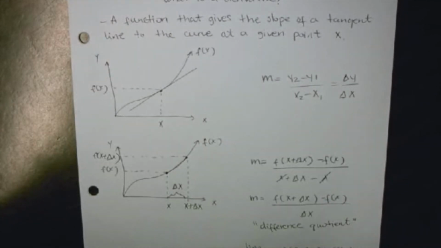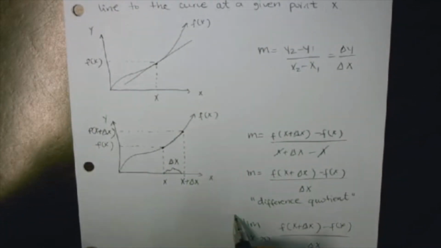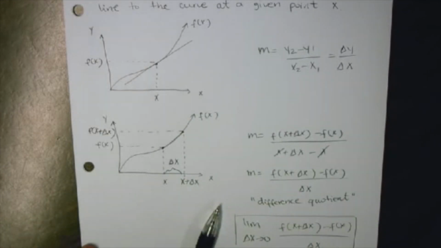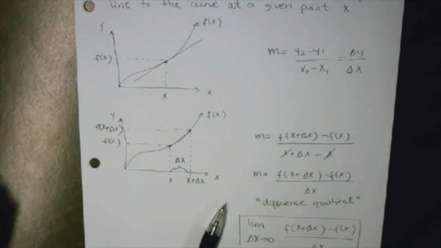And once we compute this limit, we're going to get the exact derivative of the curve at point x. And this is known as finding the derivative using the definition. We are going to get the exact instant slope at the given point x.